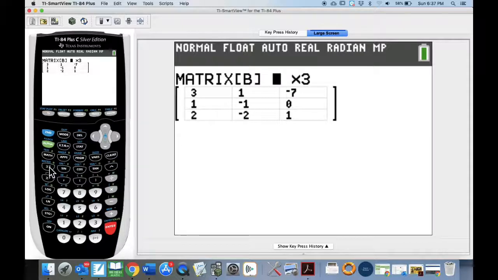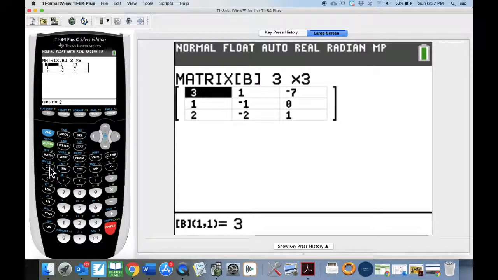Yours might be different. You might need to enter 3 by 3. So you just go 3, enter, 3, enter, and now you're into the matrix itself. And so I'm going to go row by row. I'm going to type in 1, 2, 3, and negative 2, 6, negative 1, and 4, 1, 9. So that's my matrix B.